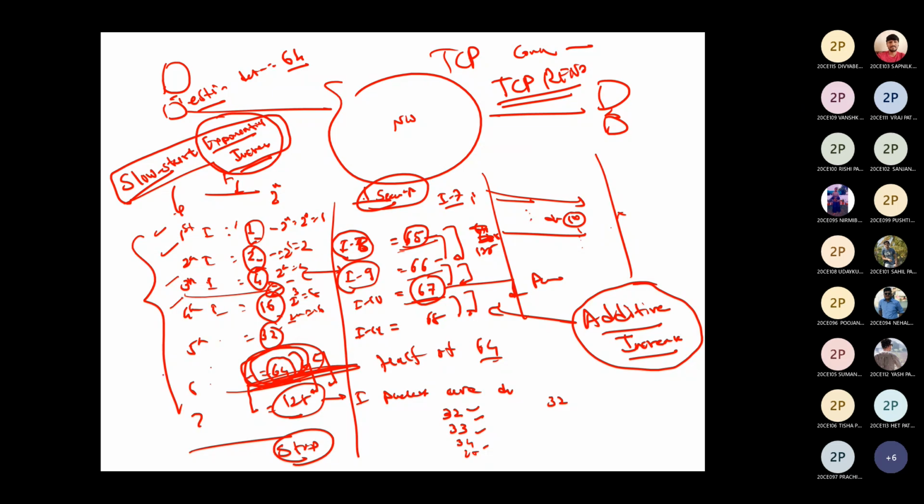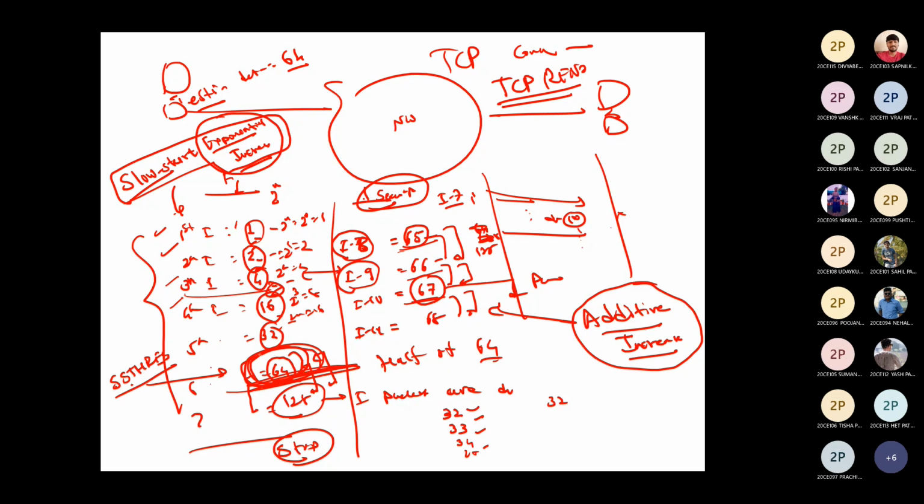This is known as SS thresh, slow start threshold. SS means slow start threshold. The 64 is known as the slow start threshold. It means that if you go beyond 64, your packets will be dropped. So this is the safer side.